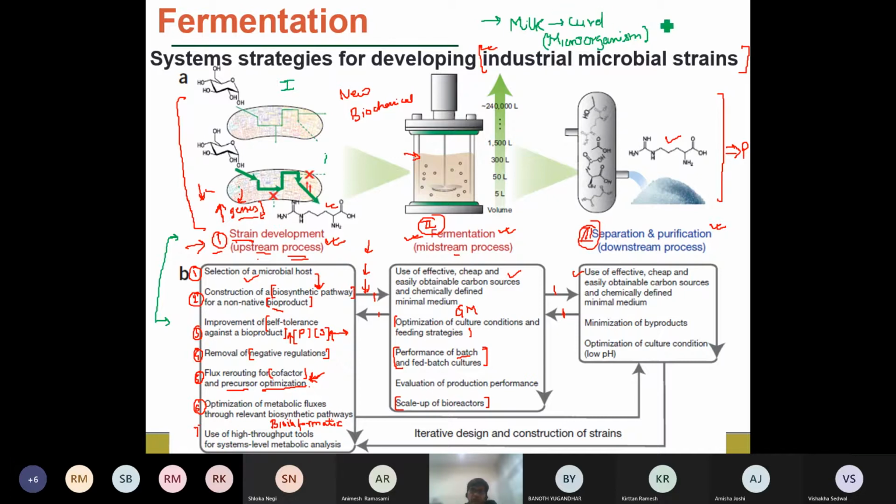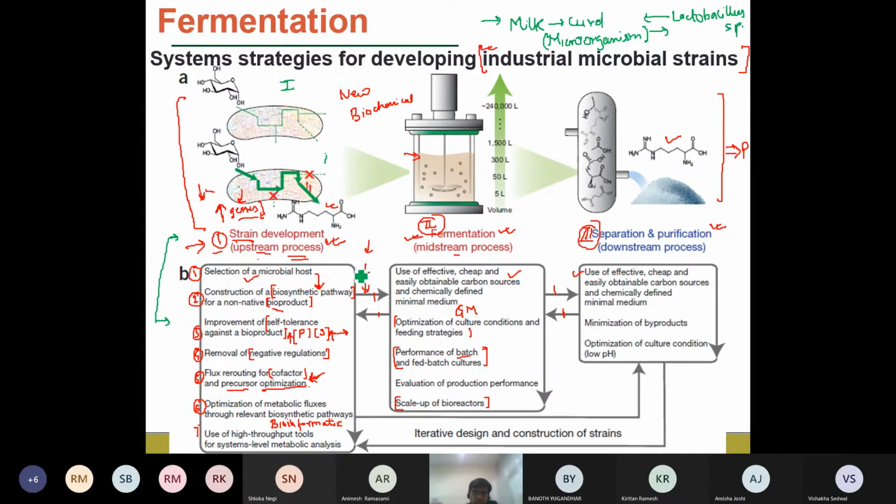Now, how do we isolate those microorganisms? Generally, the microorganisms in this type of process are called lactobacillus species. There are different strains of this family of the lactobacillus, which have different capacity to produce the lactic acid and so on.